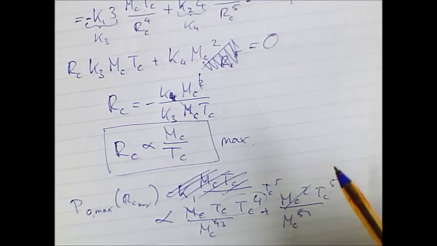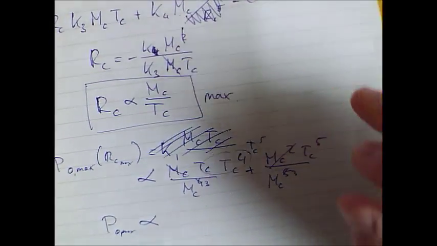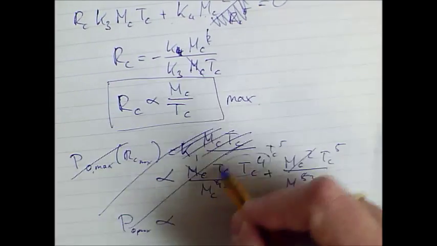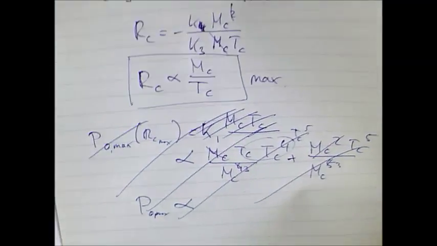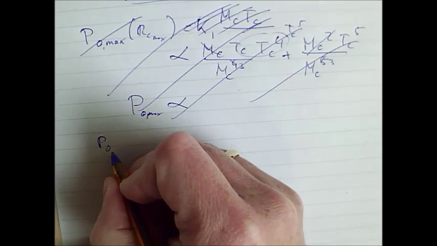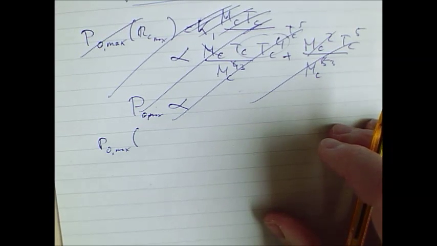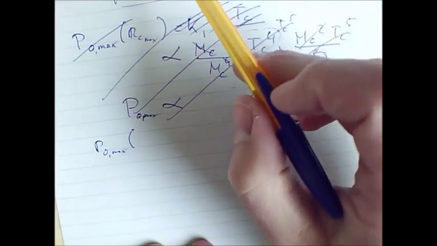Yes, I think I've accidentally written down the wrong P0 expression. So let me make sure that I write out the correct P0 expression. For P0 max, we obviously have to take the one that is the original from the paper, not the one I've accidentally taken, which is the one where we've already taken the derivative with respect to R.